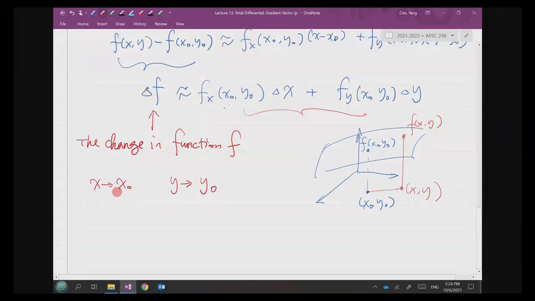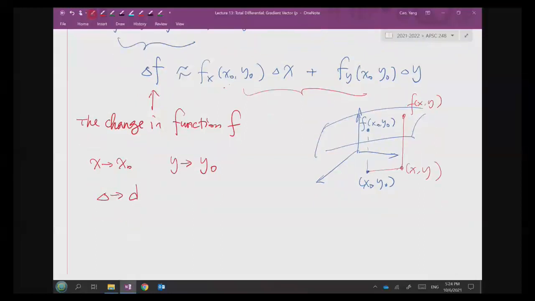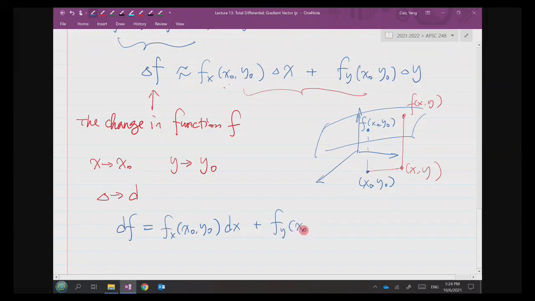Whenever you let this get close enough, the delta becomes a straight d, a differential quantity. Then this expression became df equal to fx(x₀,y₀) times dx plus fy(x₀,y₀) times dy.